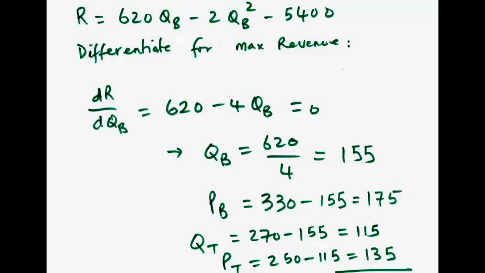You plug that back into the demand equation: PB equals 175. Now that we know QB, we can plug that back into the constraint. QT equals 270 minus QB, and we get QT equals 115. Plug 115 back into the demand equation for tourists: PT equals 250 minus 115 equals 135.